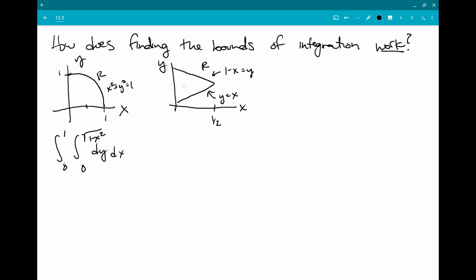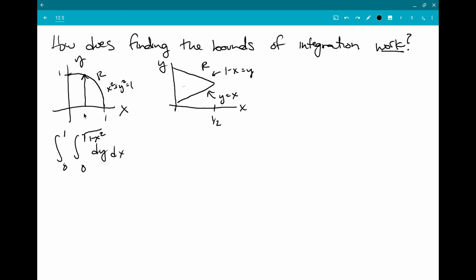And the reason we decide that is we go bottom to top, which tells us the bounds for y. So we start at the y equals 0 line, and then we go up to the edge of the circle, x squared plus y squared equals 1. Then to fill in the x, we go left to right.